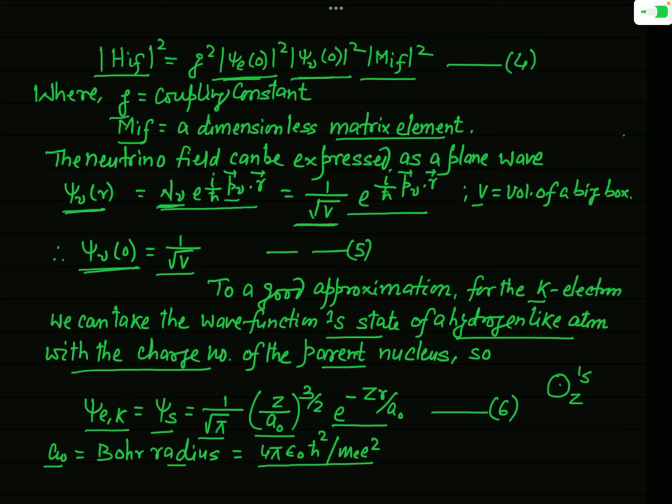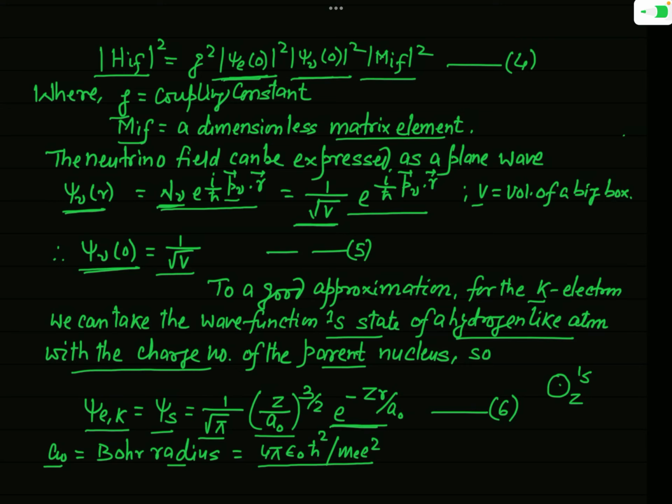Now see, in our expression for the transition matrix element H_if, there is psi e of 0. It means we will find the value of psi e when r is equal to 0. When r is 0, this exponential factor will be e to the power 0, which is 1.